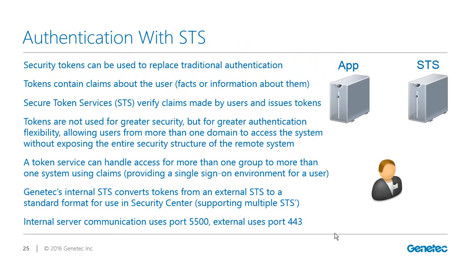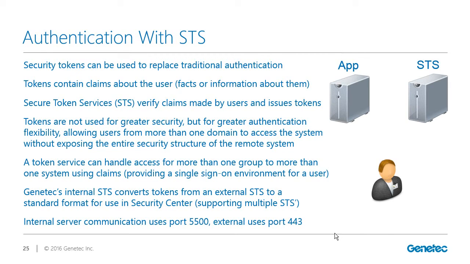Now the next major thing that they've added is something called Secure Token Services support. Basically what this means is you're decoupling your authorization to access the system from Security Center itself. An STS is somebody who's going to verify that somebody is able to access the system.